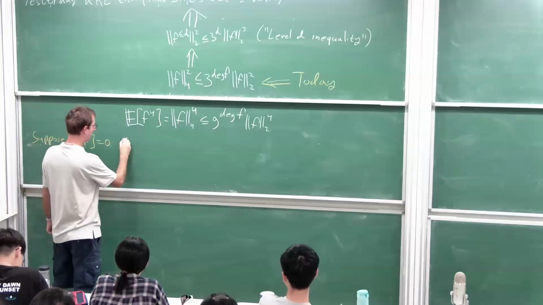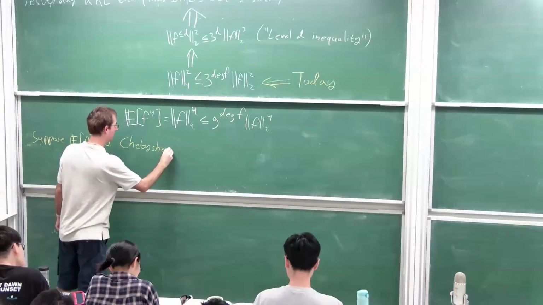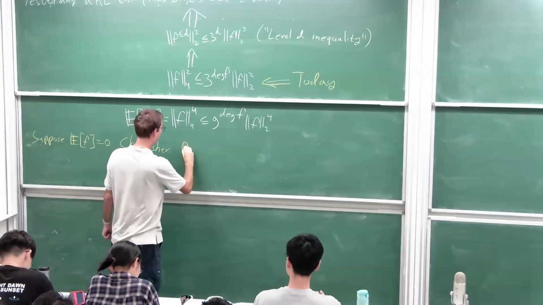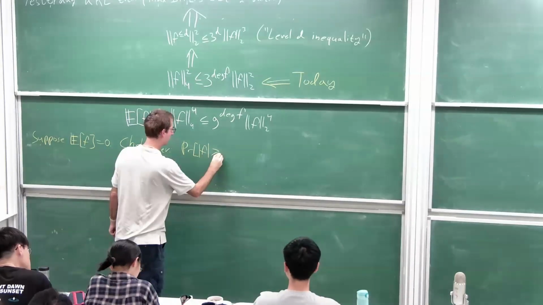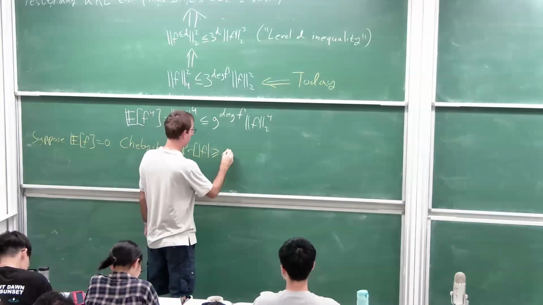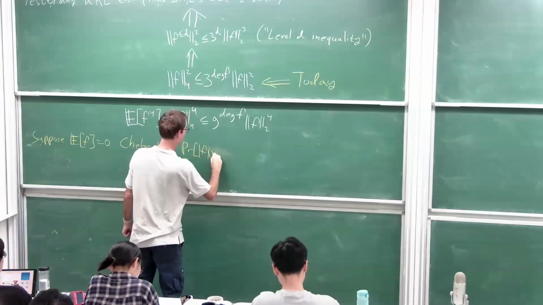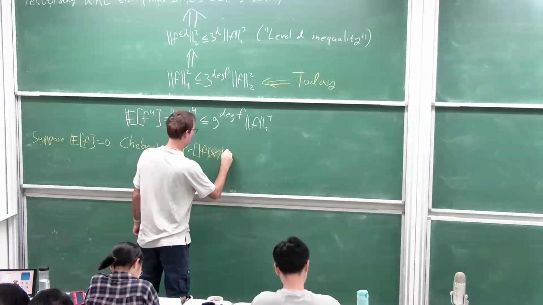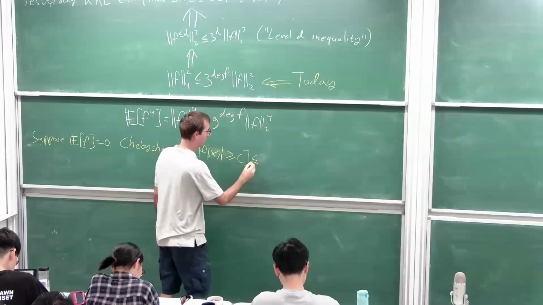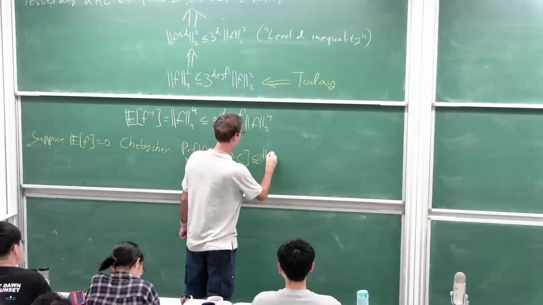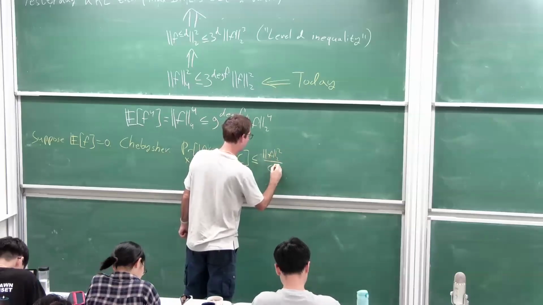Then we have Chebyshev's inequality. It states that the probability that f is larger than some c is at most the norm squared over c squared.